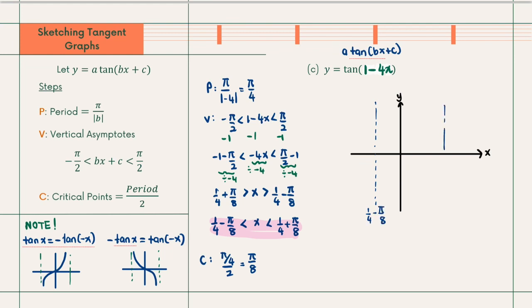Dan ini adalah untuk 1 over 4 plus pi over 8. Okay, so macam tadi juga, ini akan ditambahkan dengan C. So, C kita adalah pi over 8. So, kita dapat 1 over 4. So, let's say C ni adalah location untuk 1 over 4. Okay, and then 1 over 4 plus lagi dengan pi over 8 dapat this region.